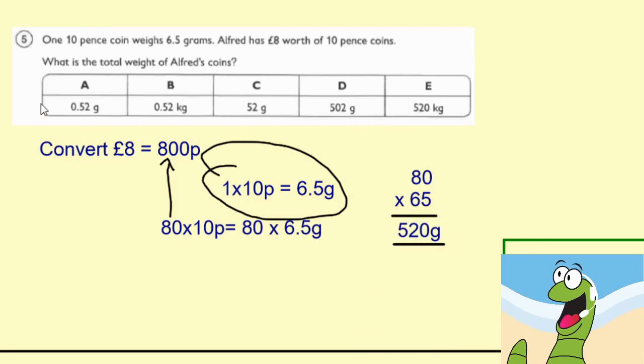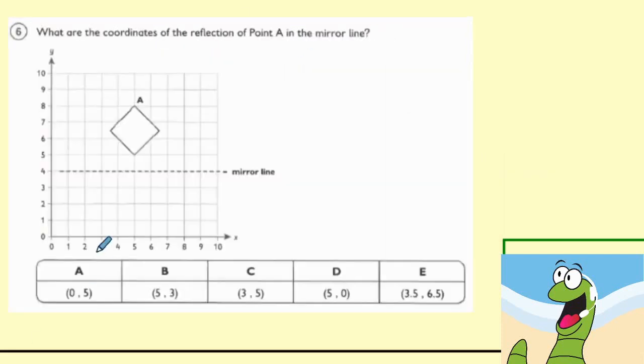We don't have 520, but we do have 0.52 of a kilogram. So you've got to be careful with the weights. 52 grams, well, no. So our answer then is 0.52, and so our answer is B. Okay, let's go on to question 6.